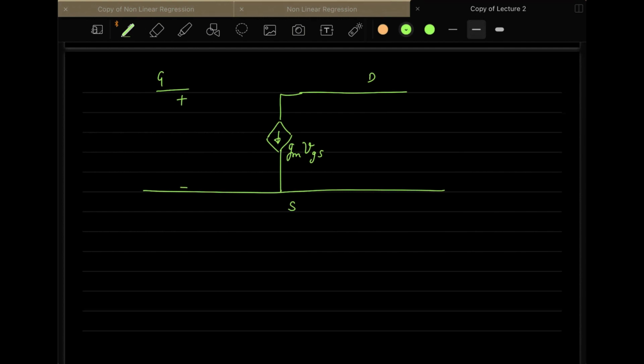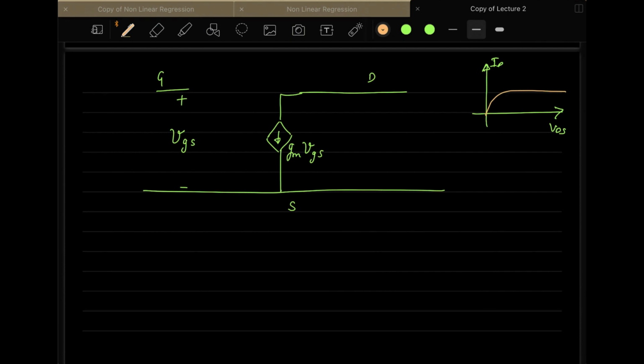This is your VGS. If you only consider this model, it means the ID versus VDS characteristics of the MOSFET will be this, exactly flat.